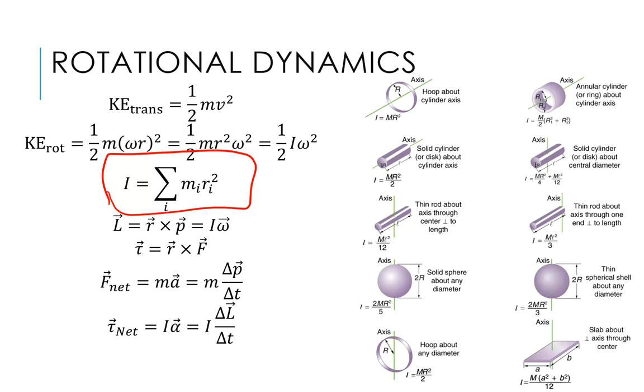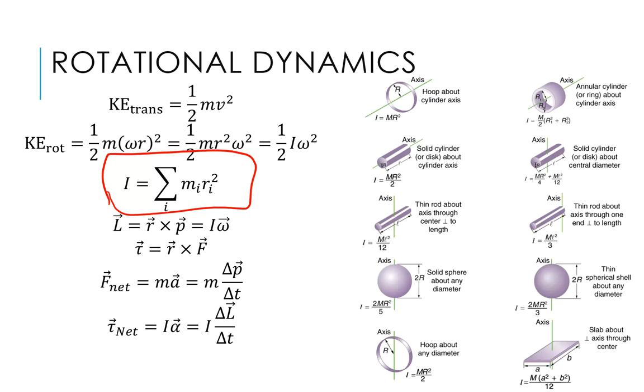Now note the moment of inertia depends on the axis you're rotating about. Andy was rotating about her center of mass. If her left hand was fixed and the right hand was going all around that, it'd be a much bigger radius for one of them, a zero radius for the other. And the moment of inertia would turn out to be much bigger because it's proportional to radius squared.